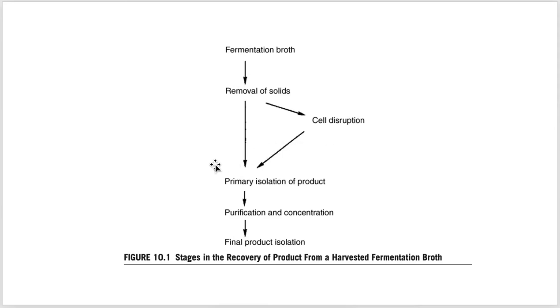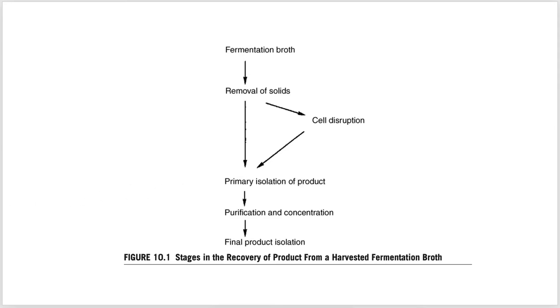Once we get the isolated product, we need to purify and concentrate it, and then we do the final touch to make the final product. These are the stages of product recovery of a fermentation process. In these different stages there are different methods that we can use, and in this lecture we'll talk about them.